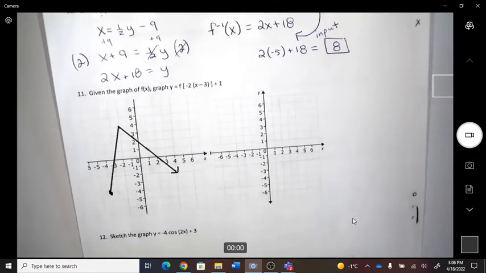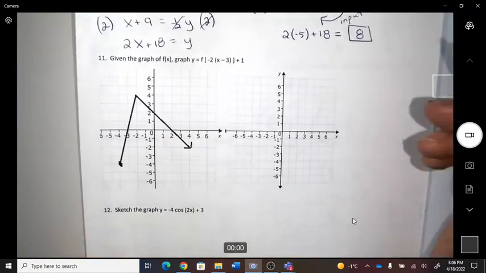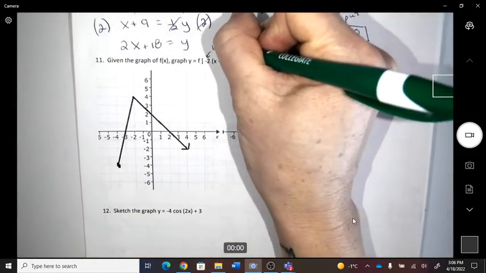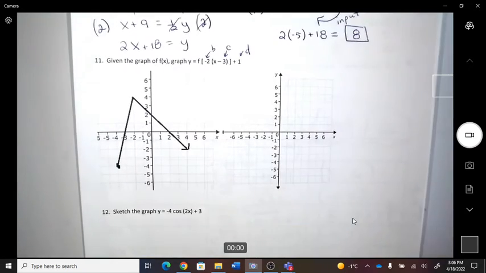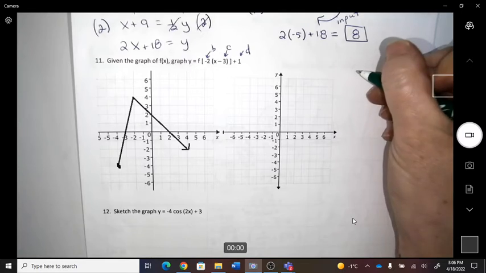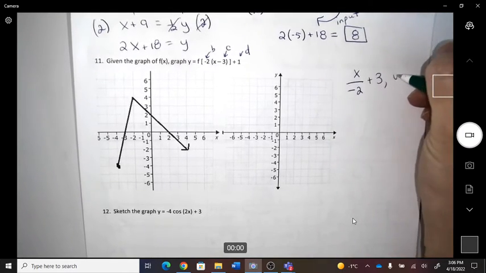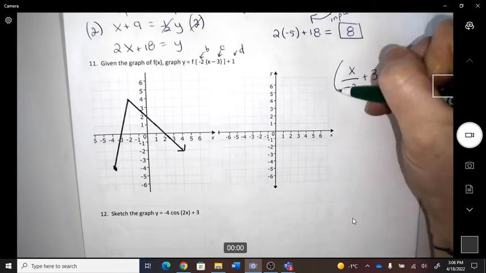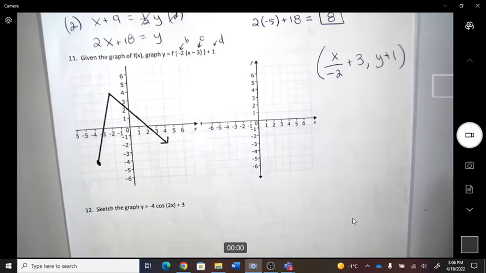Okay. Given this graph, so what do we got here? This is a B, a C, a D. So this is important. You keep understanding how to write your new math coordinate.